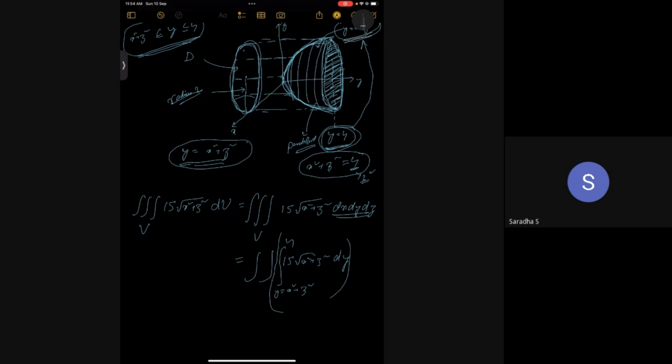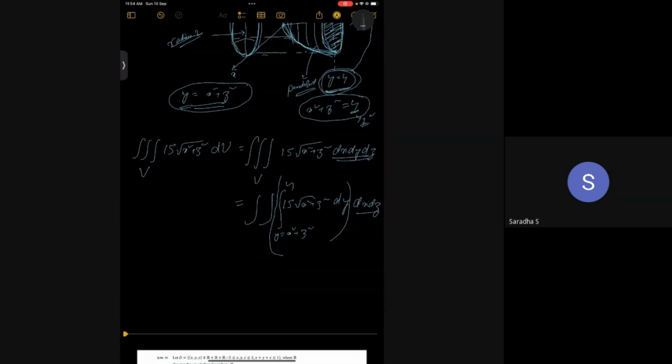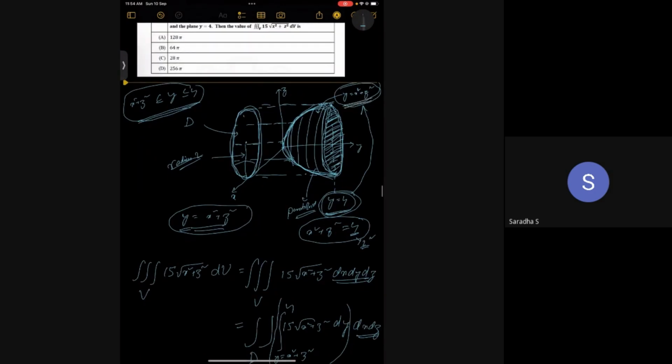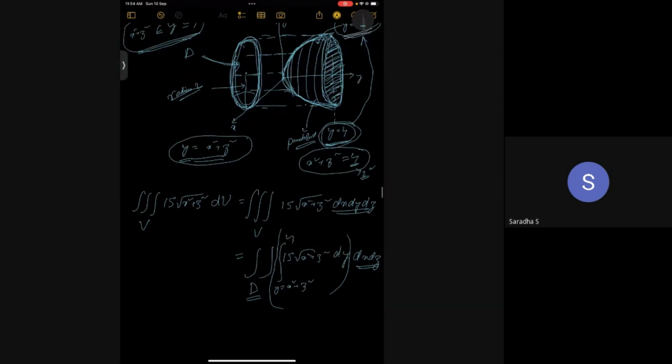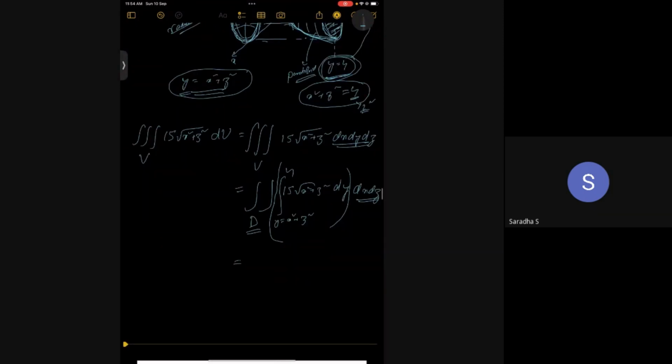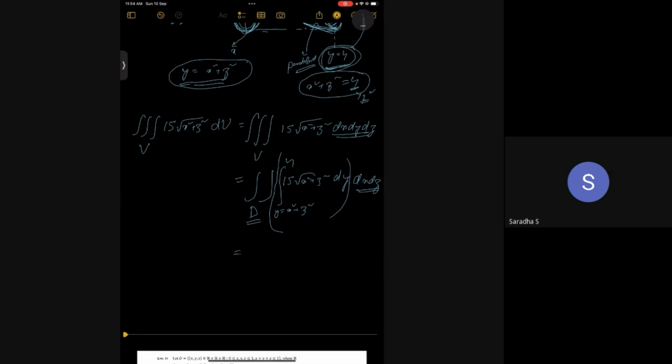This is it, and then dx dz. And you integrate this over the projection of the solid on the xz plane. This is over D, our projected region. I hope it's clear to you guys how all these things are done.